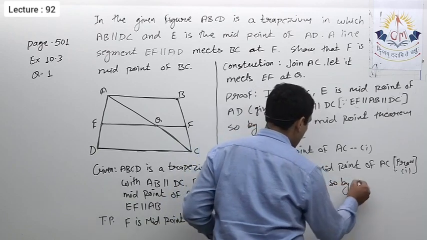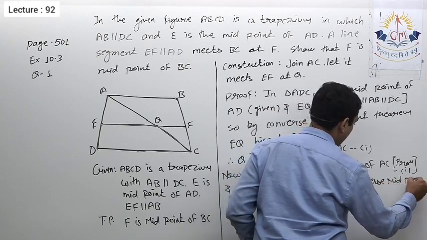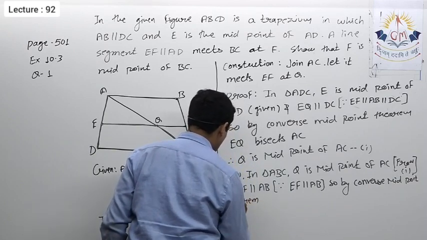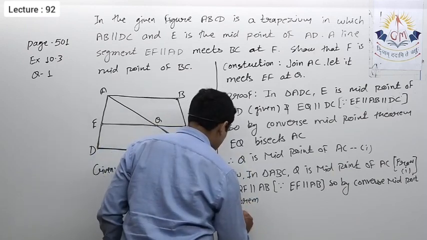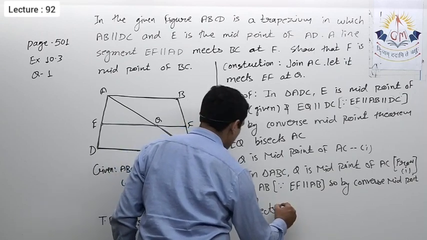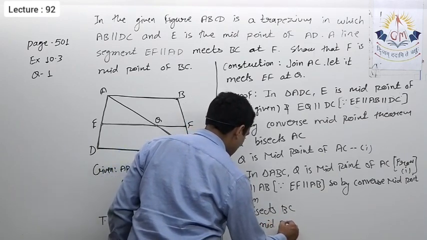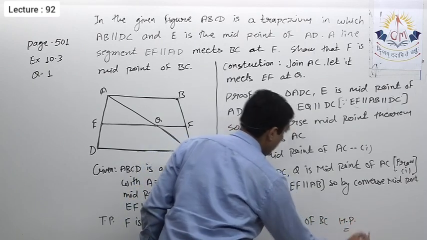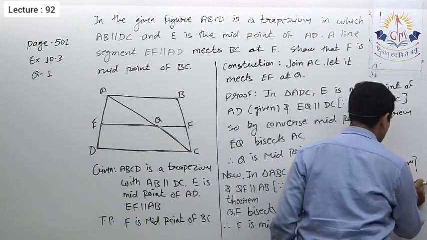So by converse midpoint theorem, I can write QF bisects BC. Therefore F is midpoint of BC. Hence proved. Okay, so please note it down, then we'll see the next question.